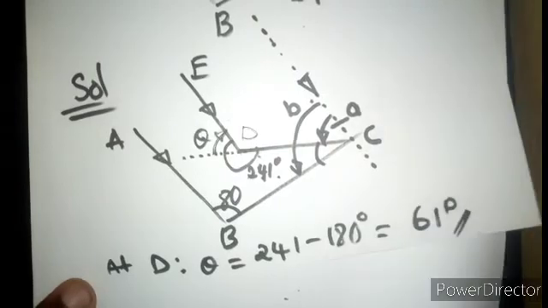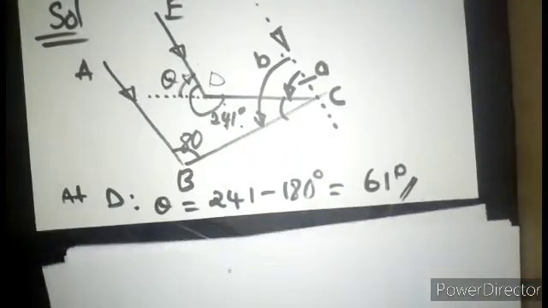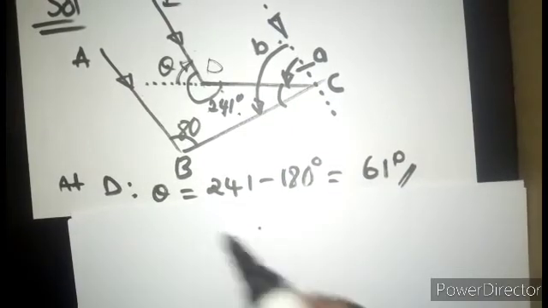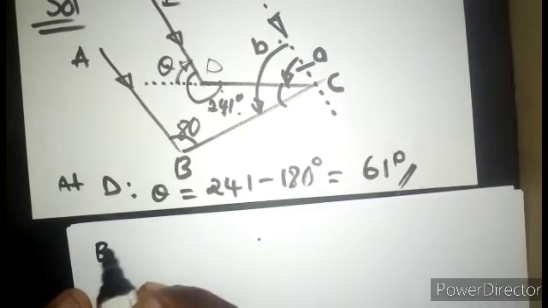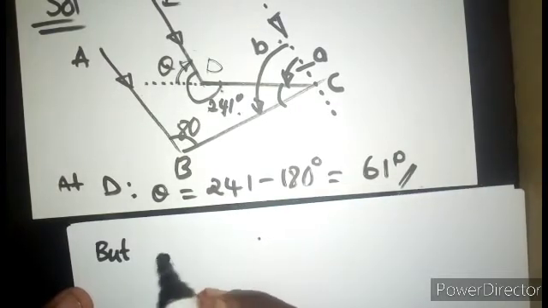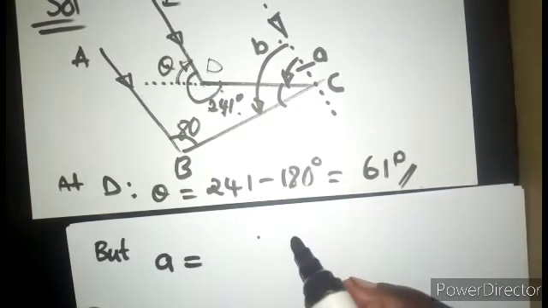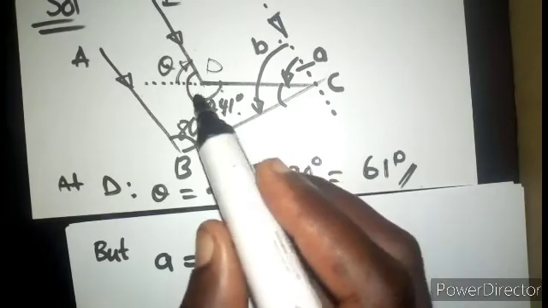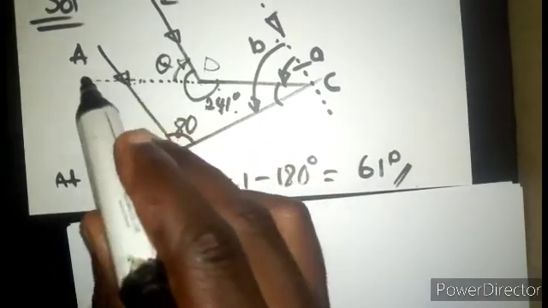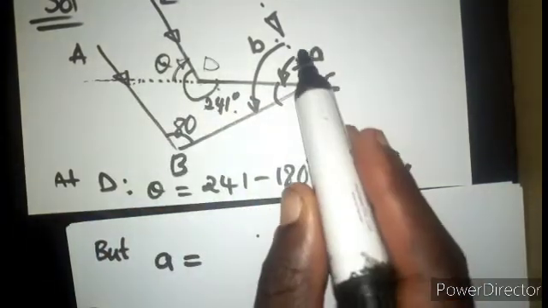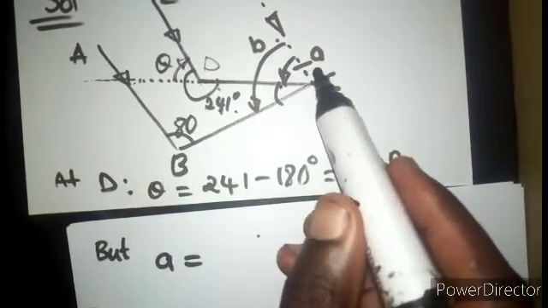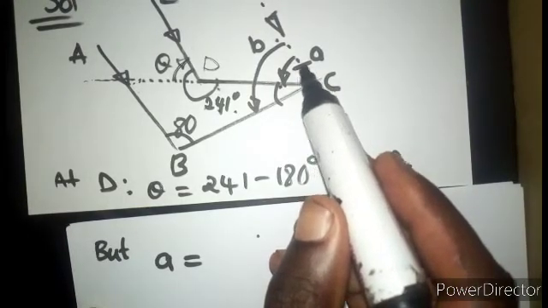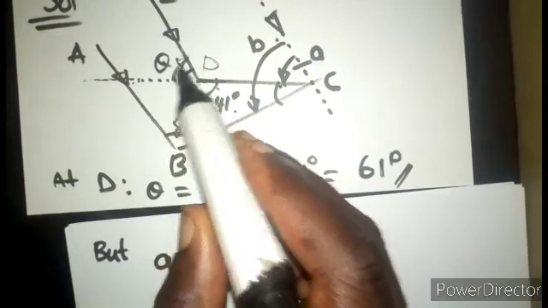Now, to conclude this, all we have to do is find A and B. Angle A is simply equal to theta.